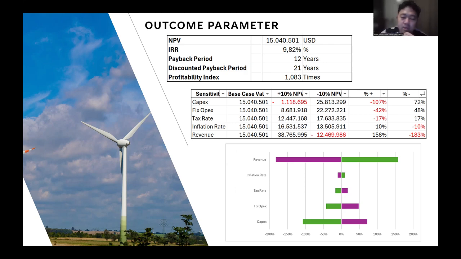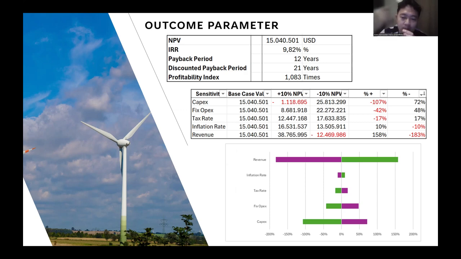For example, the capex best case is 181 million, and if we put it 10% up, then we have an NPV of minus 1.1 million dollars.